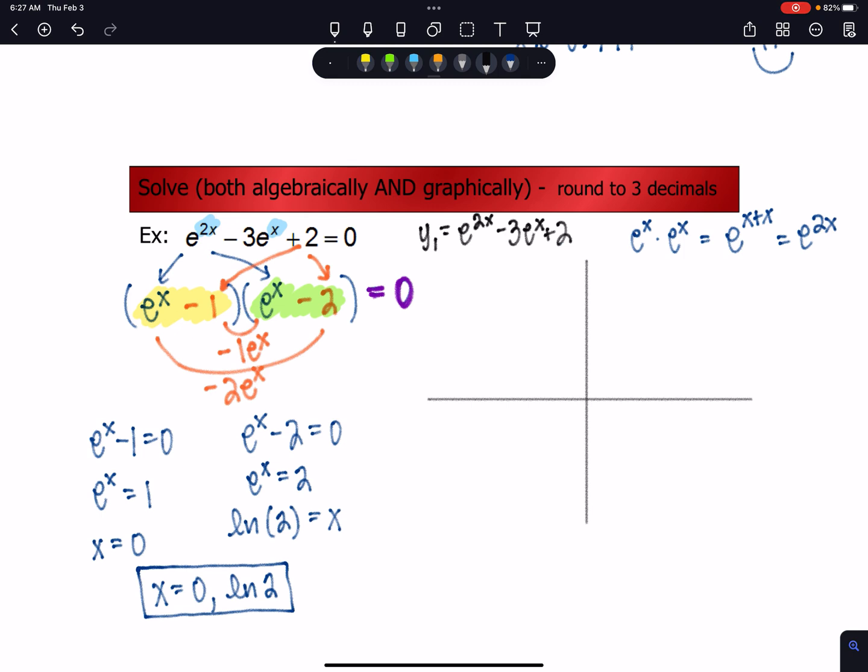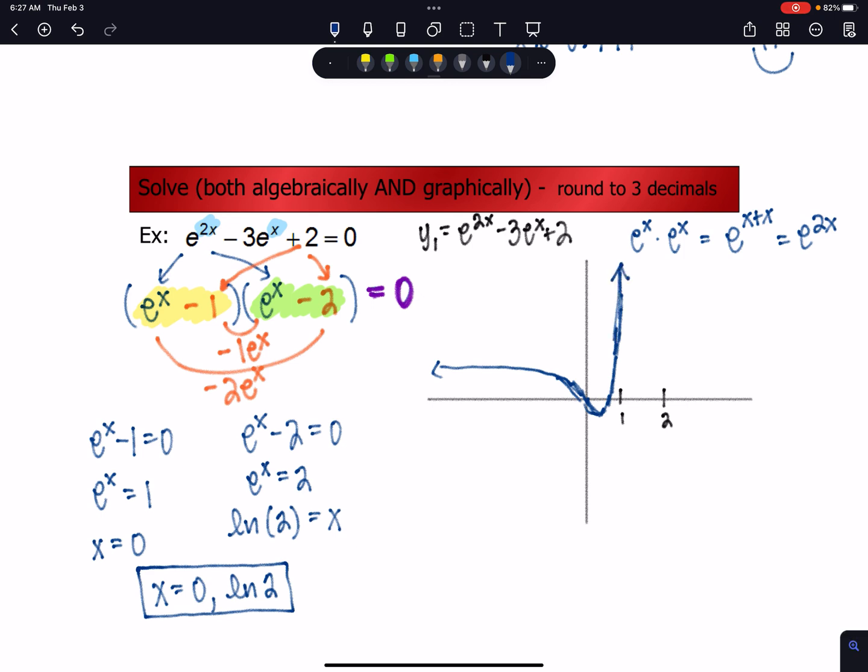Now I will encourage you to press pause and put that into your calculator so that when I draw that graph on my screen here, you can confirm that you got the same graph. You should have gotten a graph that looks kind of cool. It looks something like that.